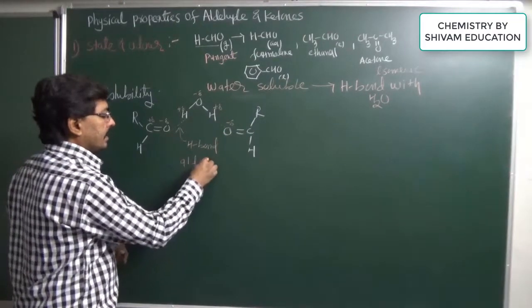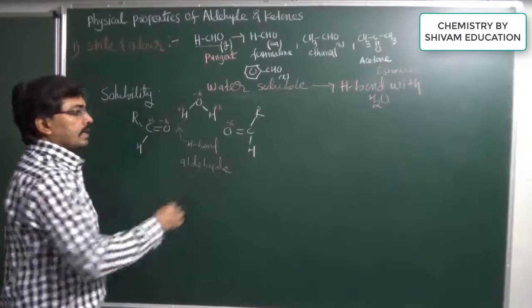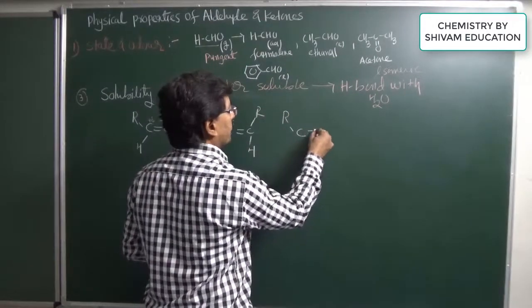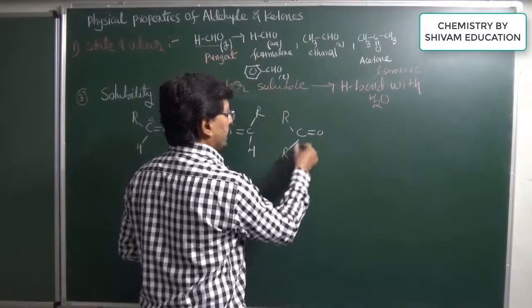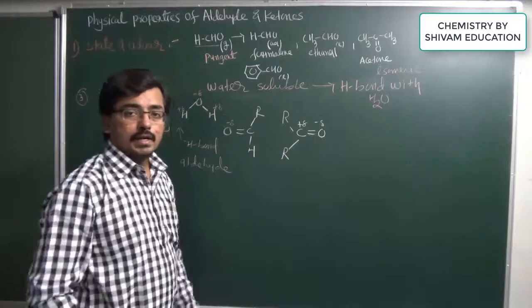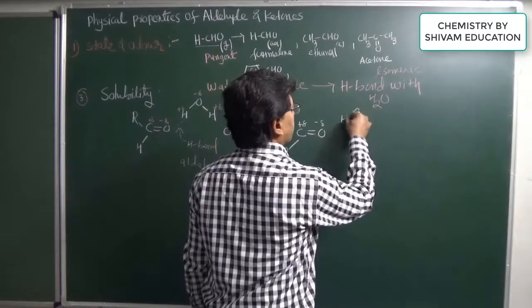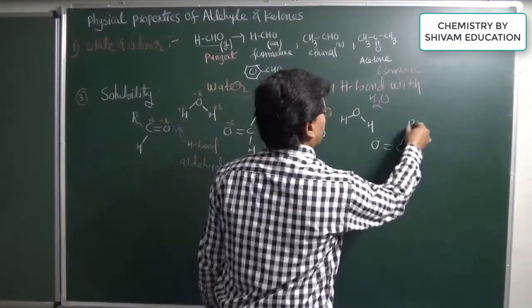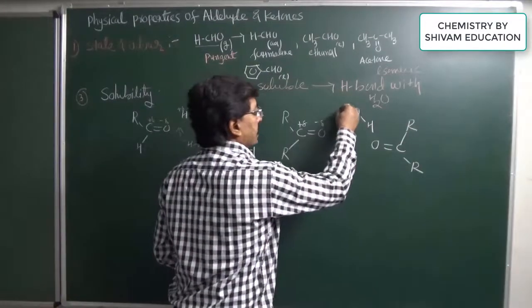The same thing we can write in the case of ketone. In ketone there will be 2 electron donor groups. Carbon है partially positive charge and oxygen है partially negative charge. As I have discussed, water has a positively charged hydrogen atom.